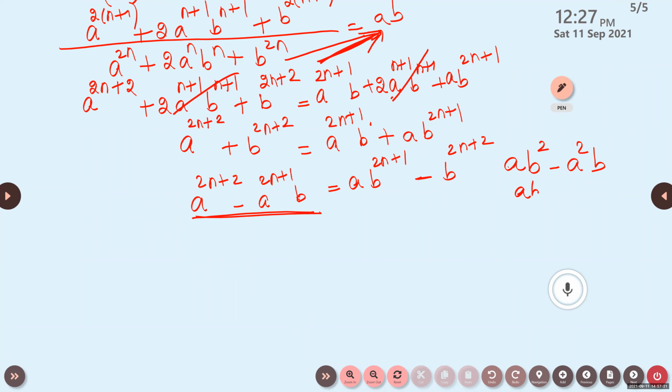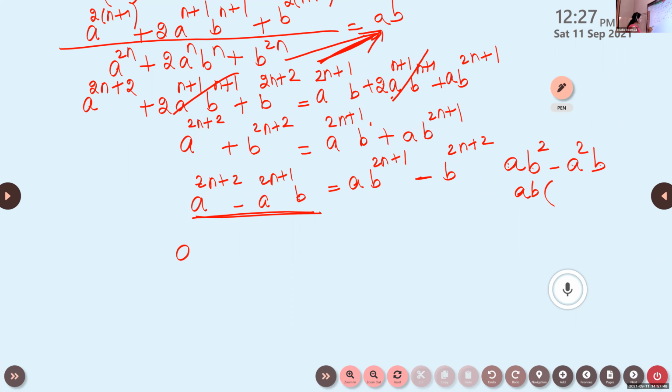Okay, whenever we take common, we take the smaller power outside. Here a is here, a square is here. The smaller power is a raised to 1, isn't it? Similarly, b square is here, b is there. So which is the smaller power? b raised to 1. So whenever we take common, we take the smaller power only outside. So here also we have a^(2n+2), a^(2n+1). So which one can we take outside?